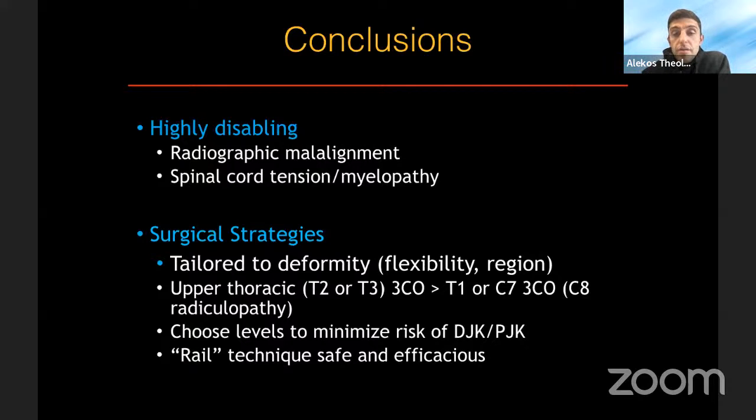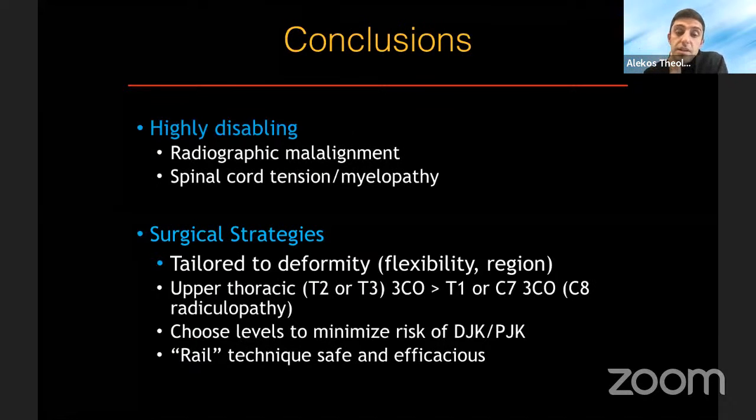If you're going to do a 3-column osteotomy in the upper thoracic spine, I would recommend doing a T2 or T3, but really focus it at the deformity. Again, T1 or C7 3-column osteotomies have a high rate of C8 and T1 radiculopathies. Choose your levels proximally and distally to minimize the risk of DJK and PJK, as discussed before.